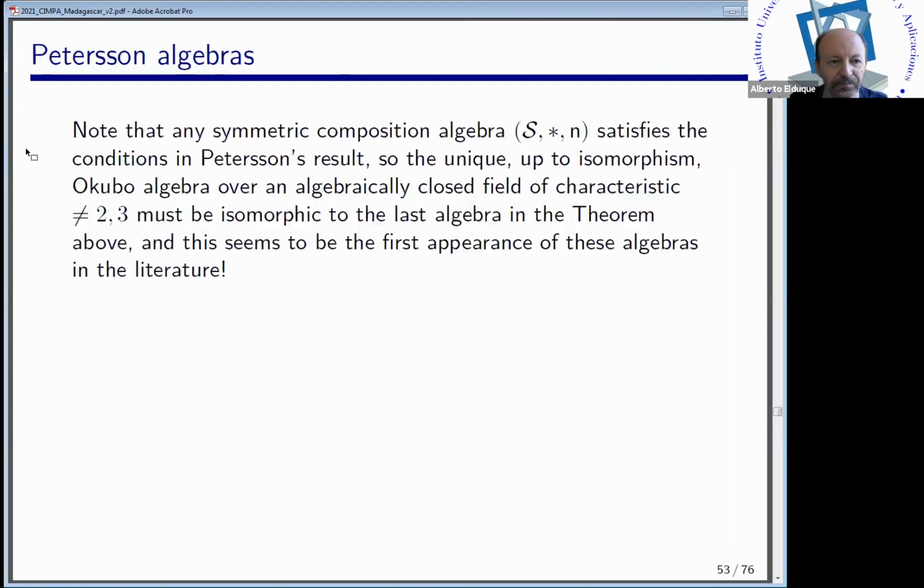Okay, this is the remark I've just made. Over these fields, the last algebra in Peterson's theorem must be the algebra obtained from 3 by 3 matrices over the field using Okubo's construction.